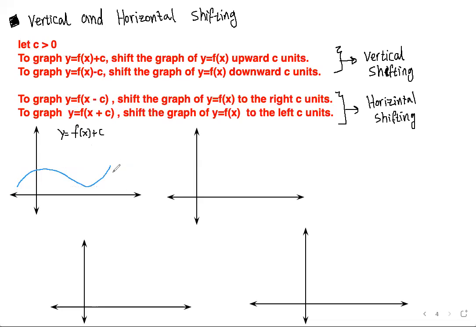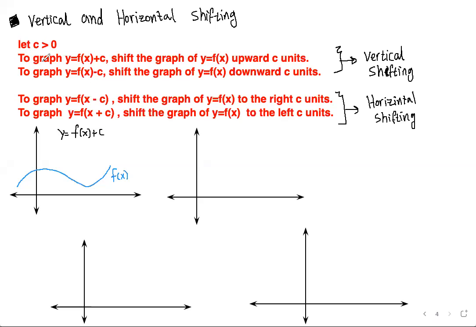The question is, graph the function y equal f of x plus c. This means we have to graph, by using the original graph f of x, the blue one, I have to shift this one c unit upward. Why upward? Because we have plus.